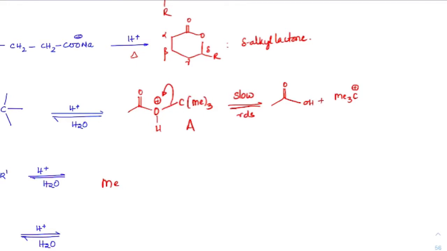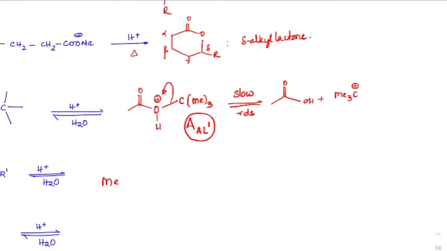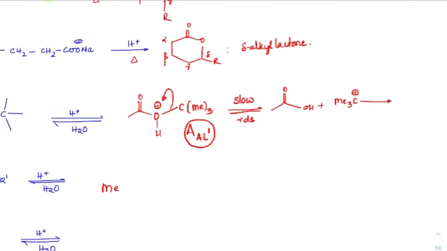So this is called alkyl breaking, and only one molecule was involved. So molecularity is 1. So the type of mechanism we say is AAL1. From here further reaction will take place, reacting with water to get Me3COH. So the final products are this acid and this alcohol, and the type of mechanism is this one.